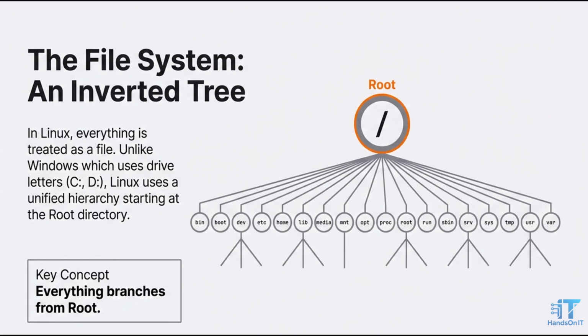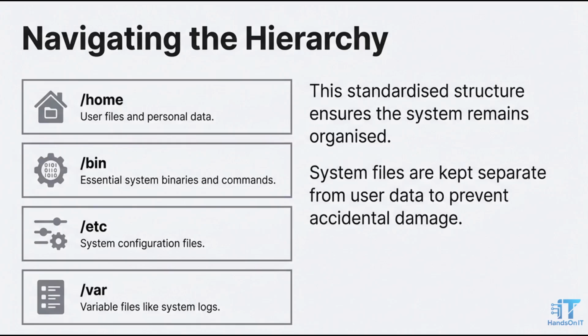Under this root, we have directories like /home, /var, /bin, etc. /home is where users' files are stored, and /bin is where essential system binaries are stored, which are like commands. /etc is where configuration files are stored, and /var is where variable files, like logs and data, are stored.